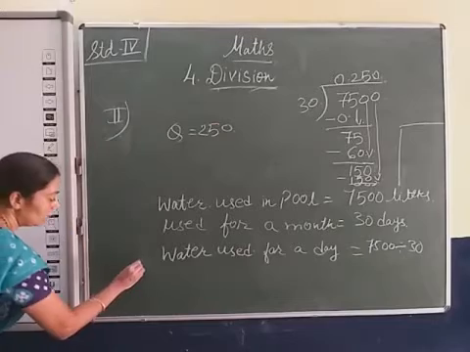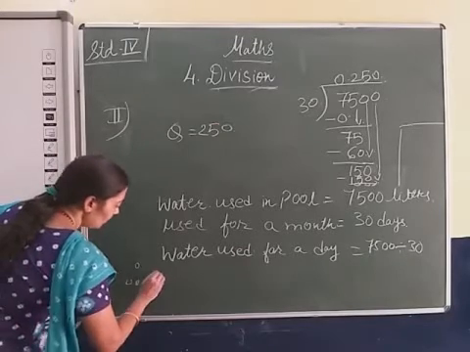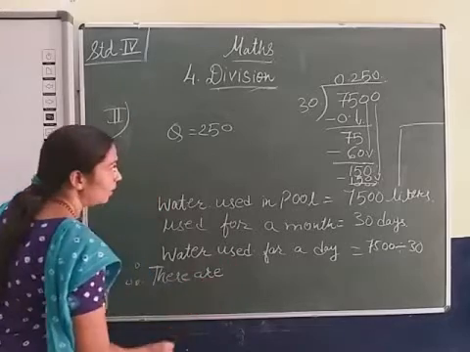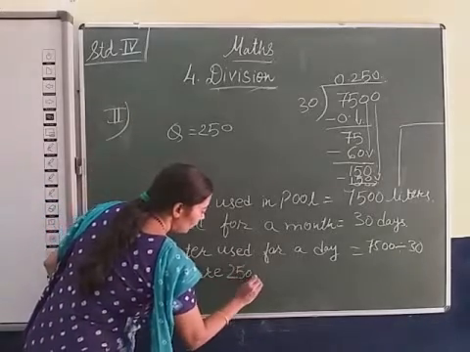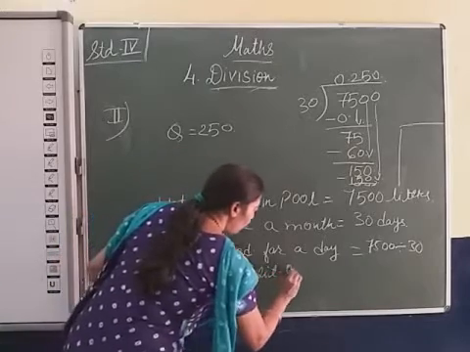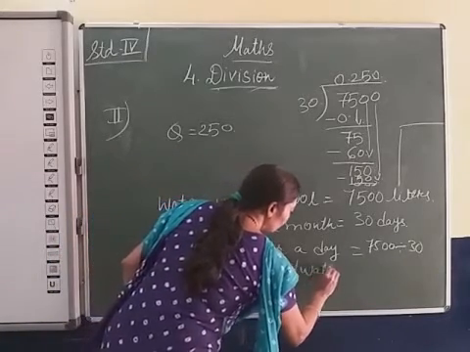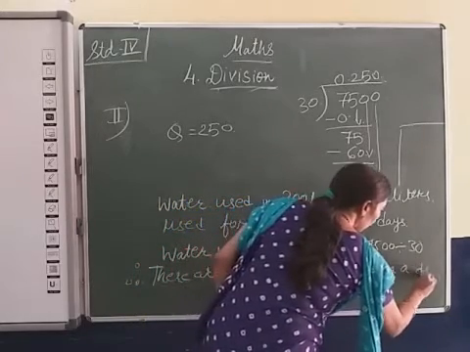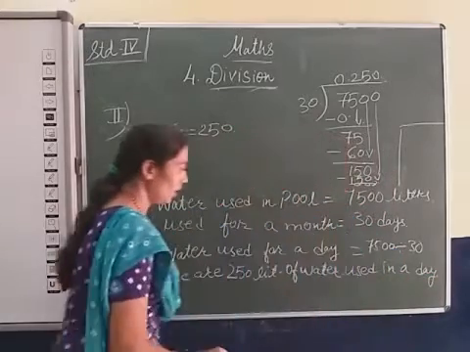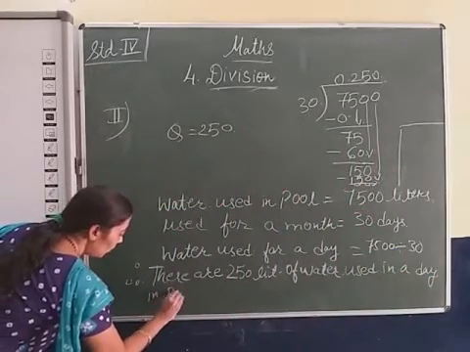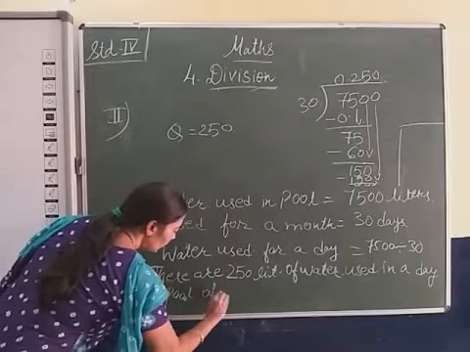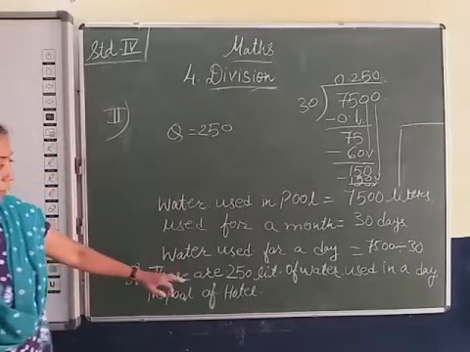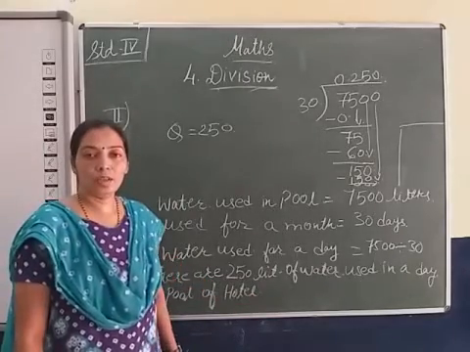So the final answer we will write: there are 250 liters of water used in a day in the pool of the hotel. There are 250 liters of water used in a day.